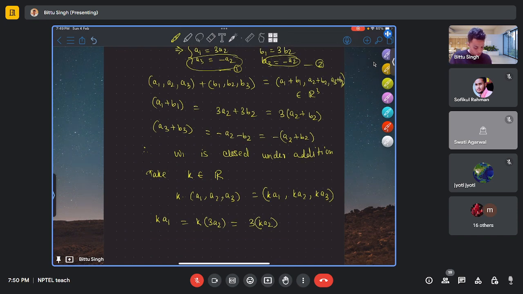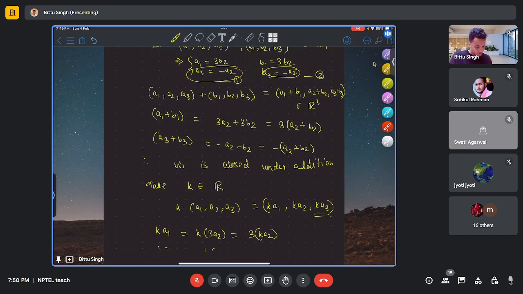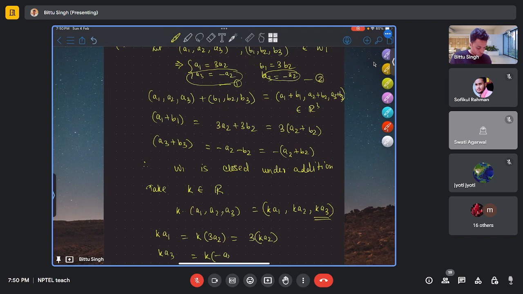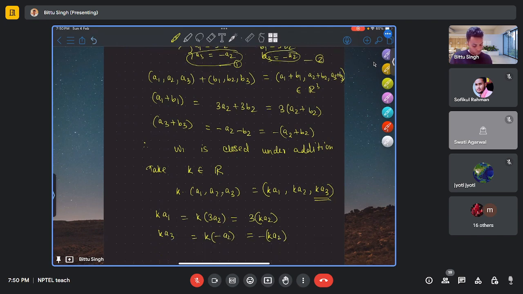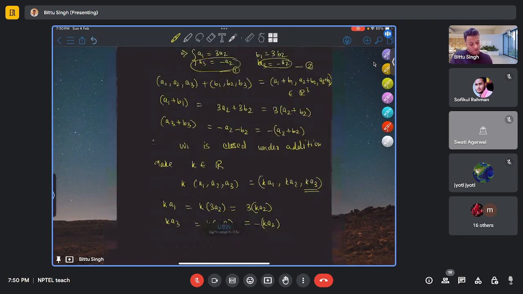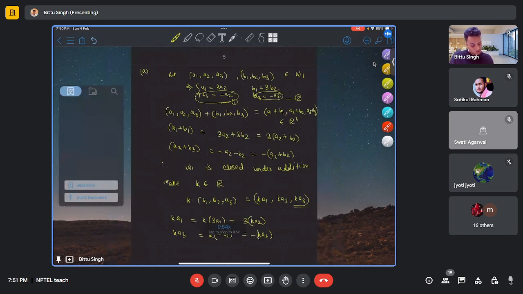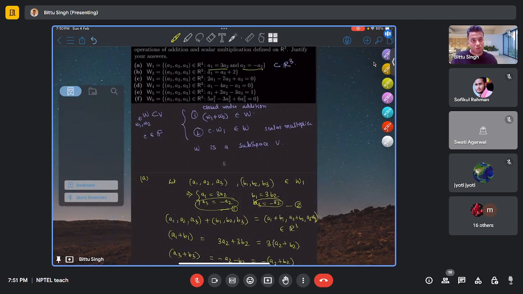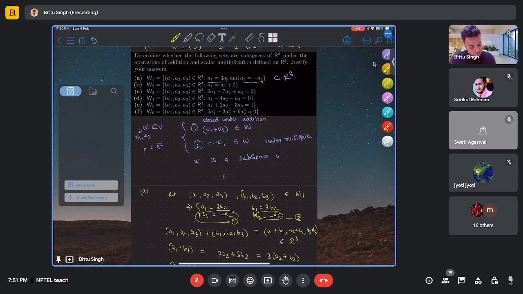Also, you can write KA3, the last entry. This is the same as K times minus A2. But again, associativity of scalar will give this is the same as minus KA2. So therefore, you can see that it is closed under scalar multiplication also, because it satisfies those two properties.